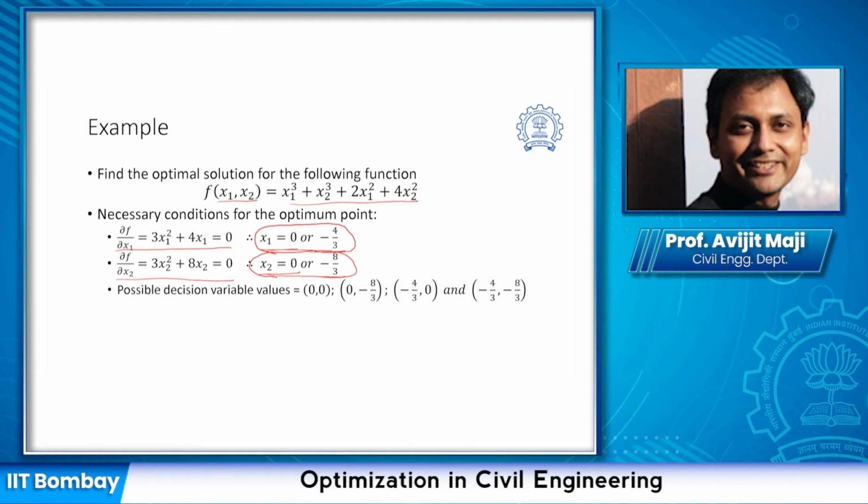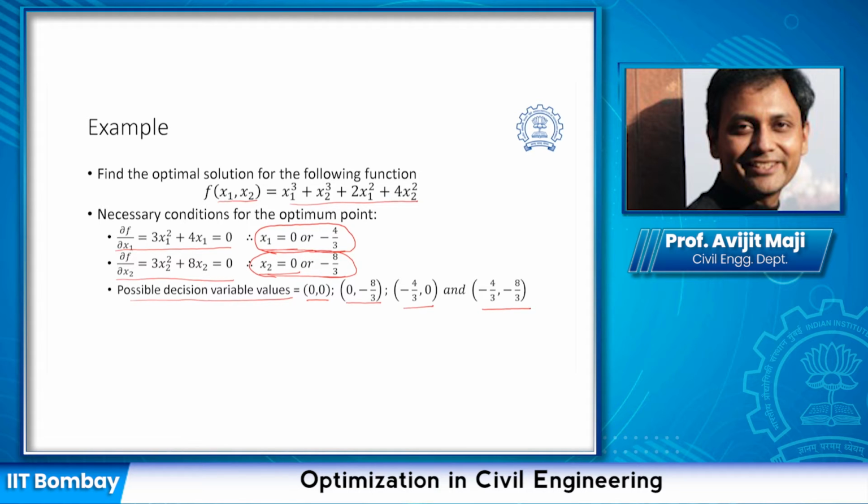So the combinations of these points of x1 and x2 would yield the locations where the slope is expected to be 0. Those combinations are going to be the possible decision variable values, and these values are (0, 0), (0, negative 8 by 3), (negative 4 by 3, 0), and (negative 4 by 3, negative 8 by 3).